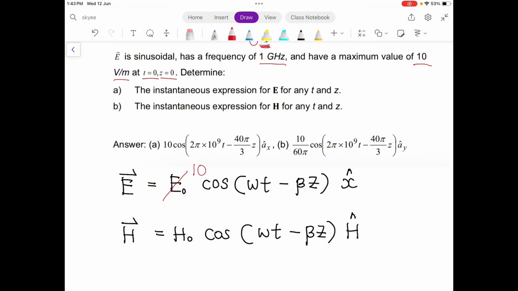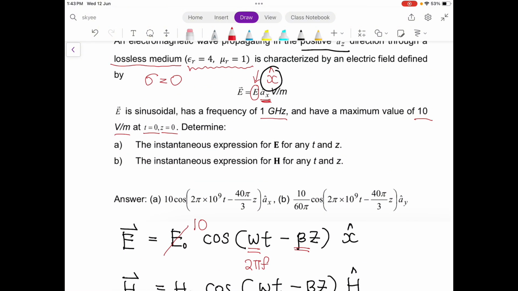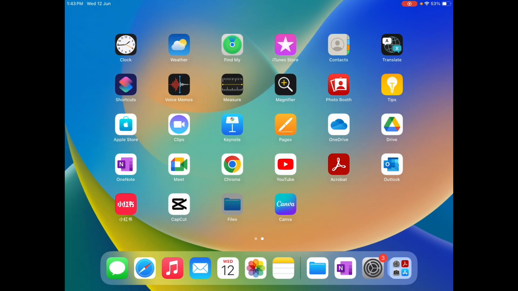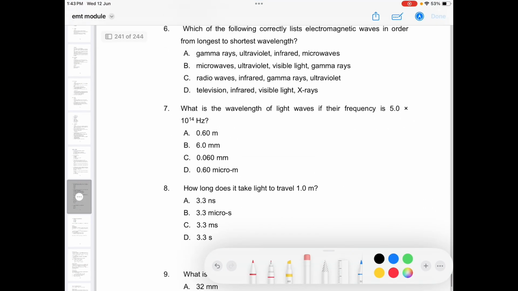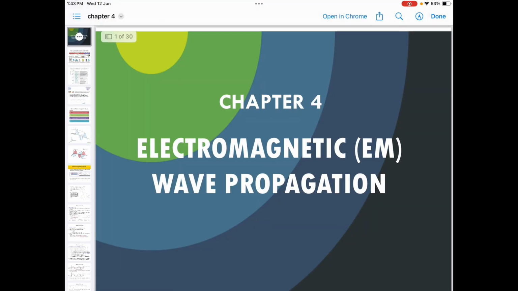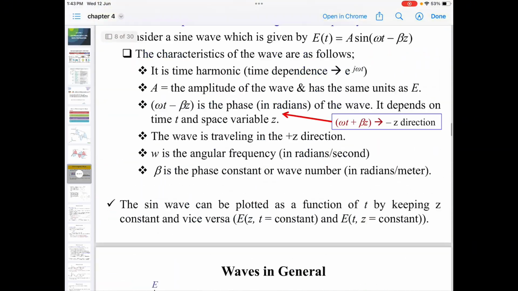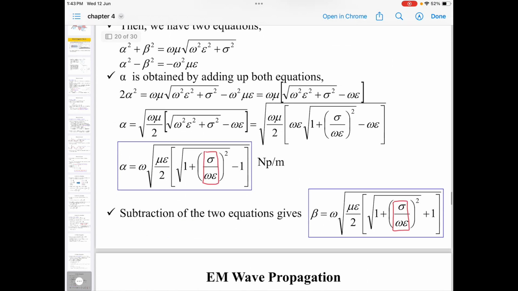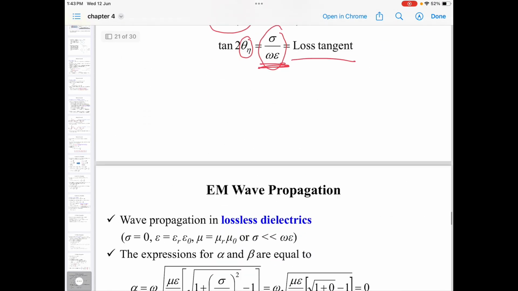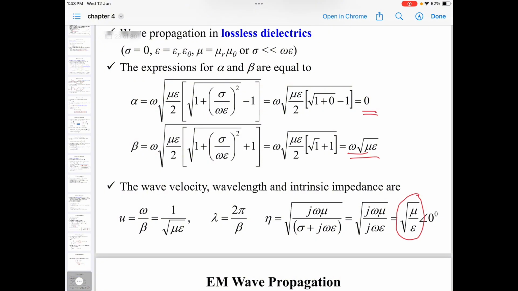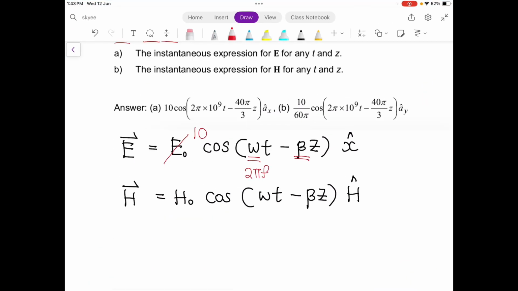Omega you can determine by using the equation 2 pi f. And beta you can also find out. For a lossless medium, what is the beta? Let's look back at our PowerPoint slide. For lossless, the beta is equal to omega square root mu epsilon.